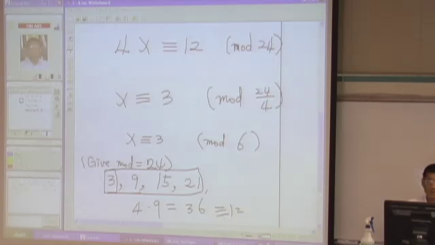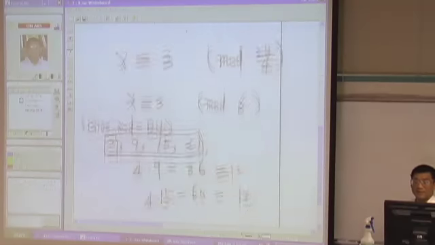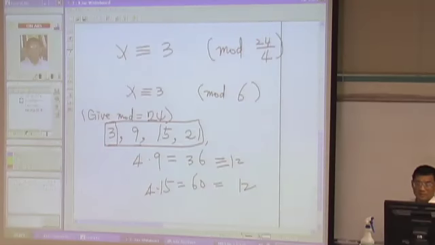Done. 15: 4 times 15 is 60, 60 minus 48 is 12, so the same. And then 21: 4 times 21 equals 84, and if you subtract 72, then it is 12.